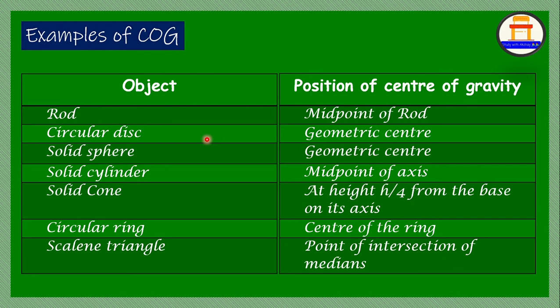Now, circular ring. As I said in the previous slide, it is not necessary that the center of gravity always be within the material of the body. This is an example. For a circular ring, we can take a bangle. In a bangle there is a hollow inside, a ring kind of thing.